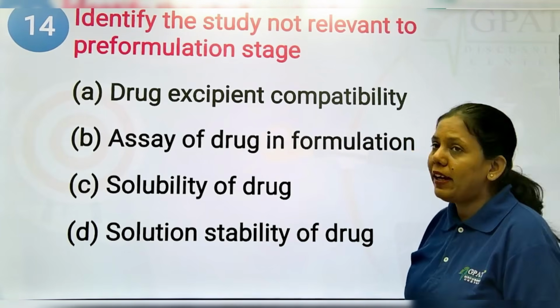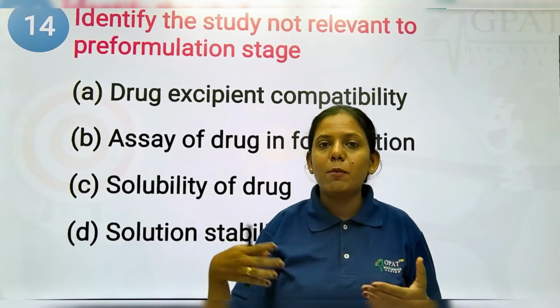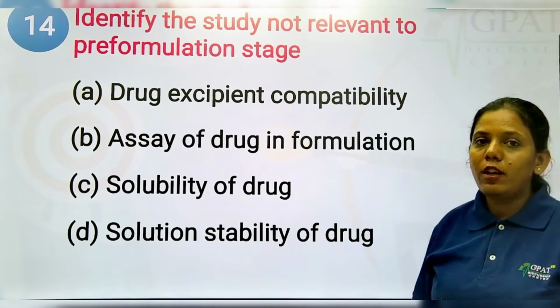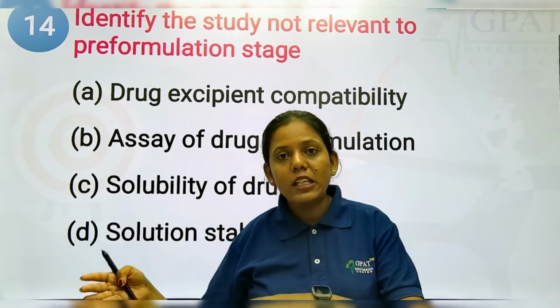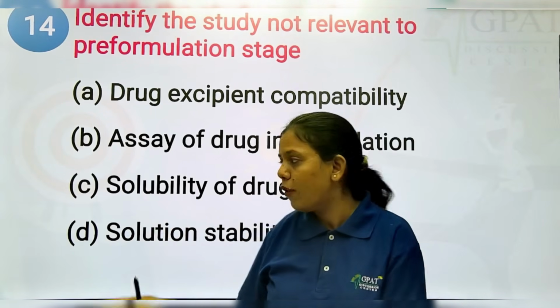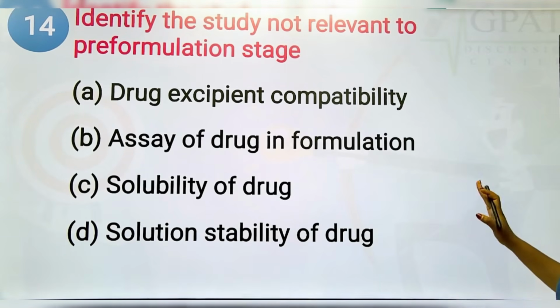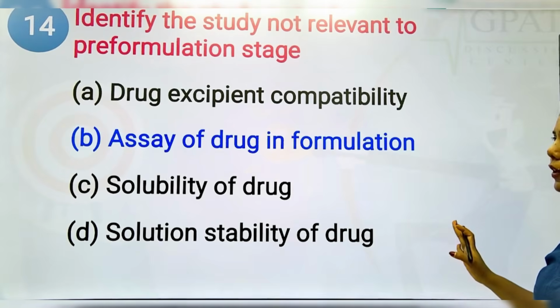Drug excipient compatibility, yes: we take the drug, mix with different excipients and subject it to various temperatures. Assay of drug in formulation, no, that happens after formulating the drug into a suitable dosage form. So option B is not a study to be done in pre-formulation, and that is the right answer.